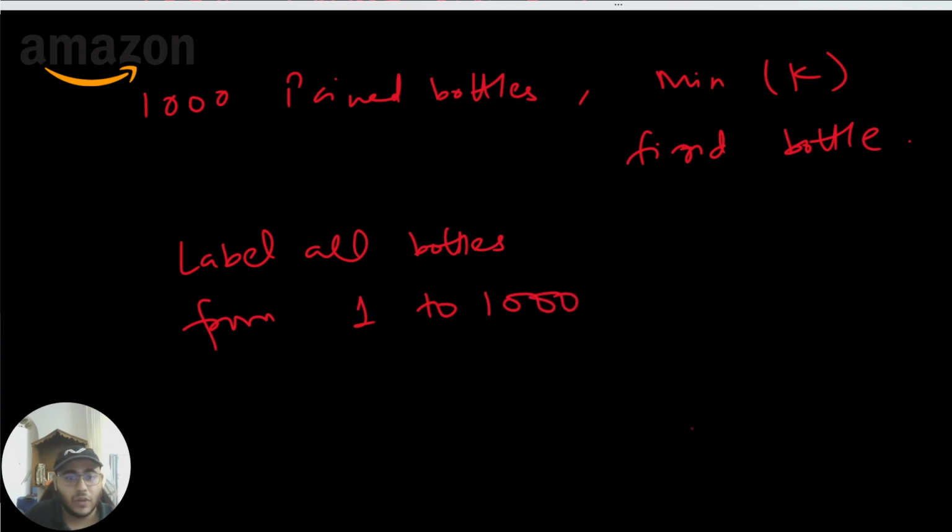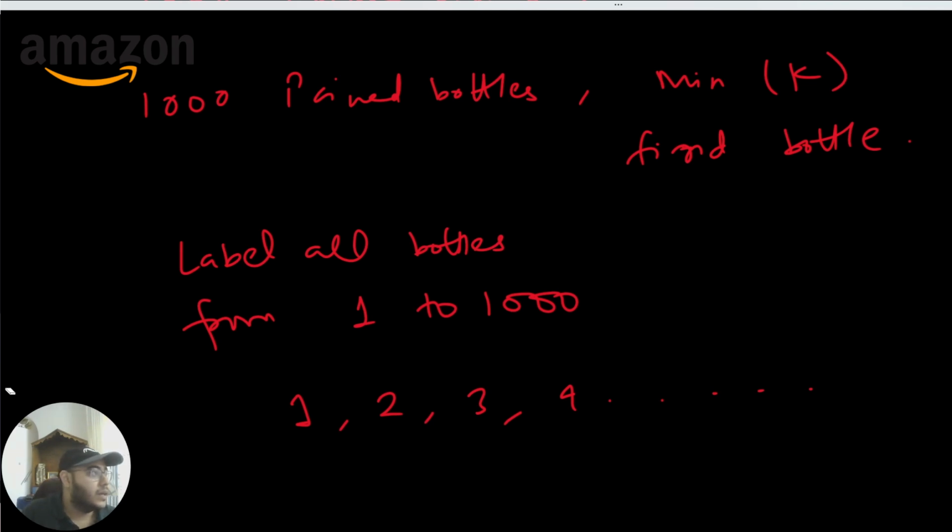We paste a label of 1, 2, 3, 4 onwards, like first bottle, second bottle, third bottle, fourth bottle, and in this way we keep all the bottles in a proper row.